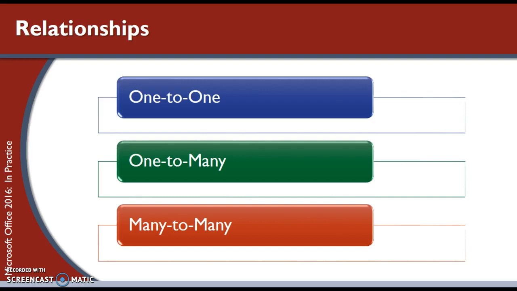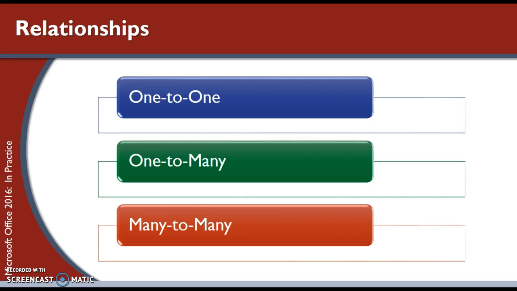A one-to-one relationship means that you have one record in one table that relates to one record in the other table. A one-to-many relationship means that one record in the one table relates to many records in the many table, but that many table only comes back to the one. And the many-to-many relationship means you can have many records in one table relating to many records in another table.